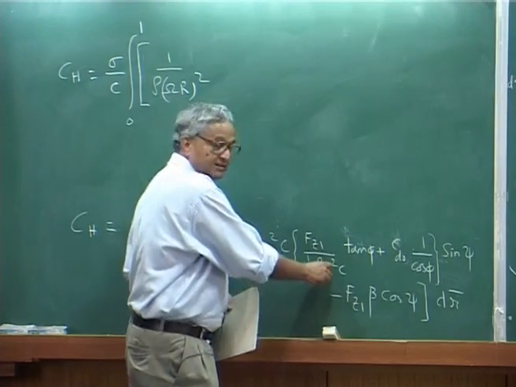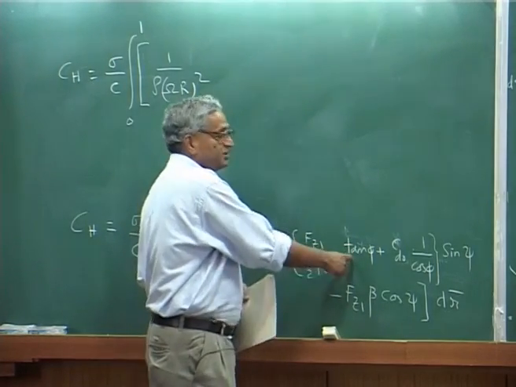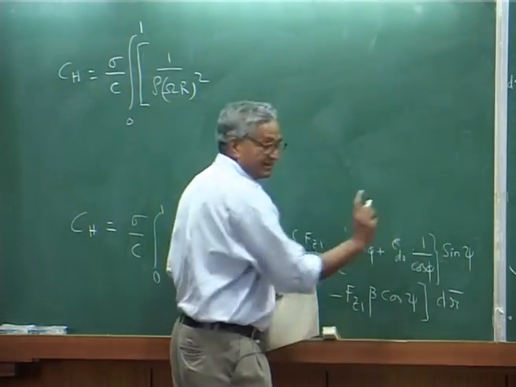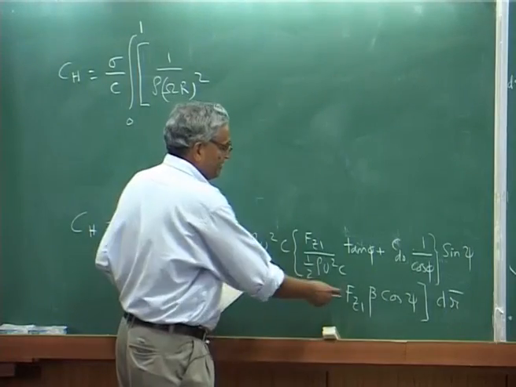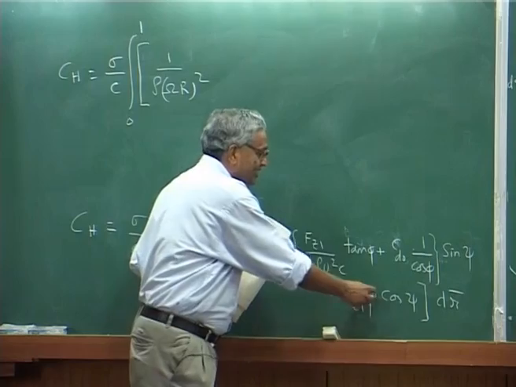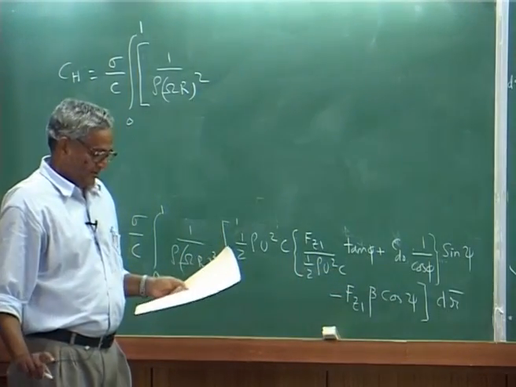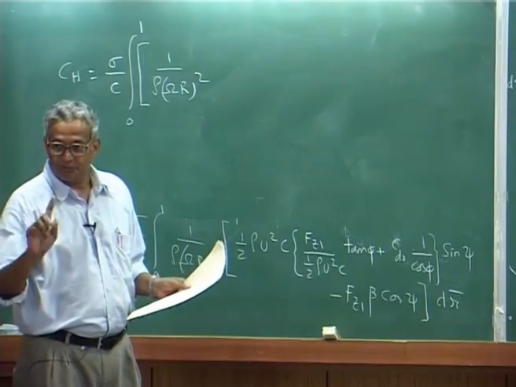This will cancel with this. So, F_z1 U_P over U_T sin psi minus F_z1 beta cosine psi, okay. So, you will have two terms.